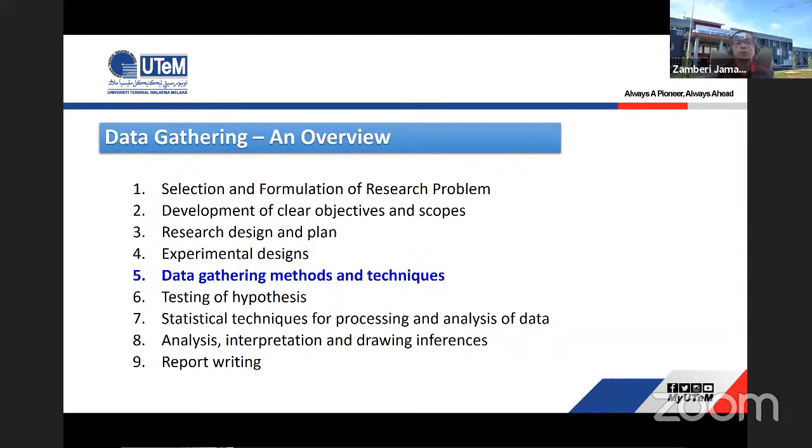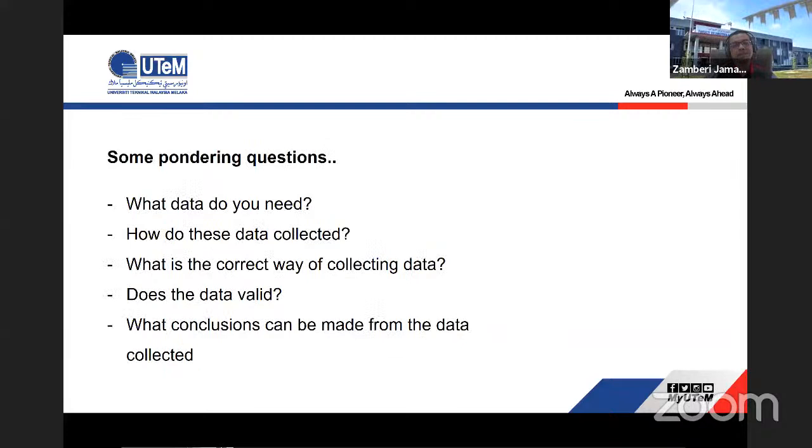Okay, some pondering questions before we start. To me, these are very good questions that we could ask ourselves. In any research, normally the first thing we need to understand is: what data do we need? This is very important.